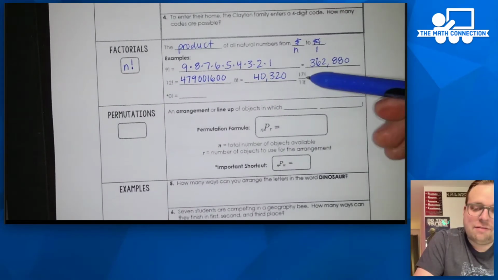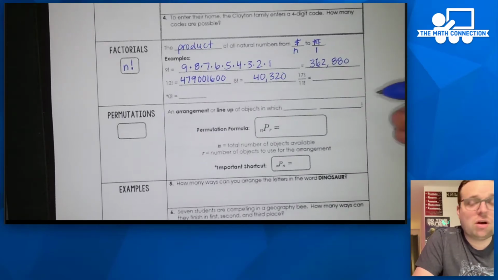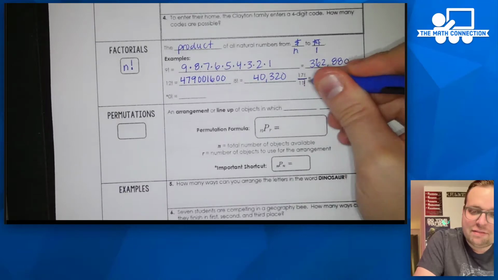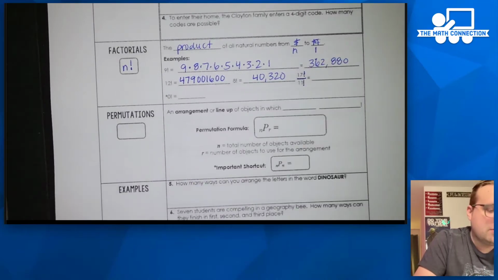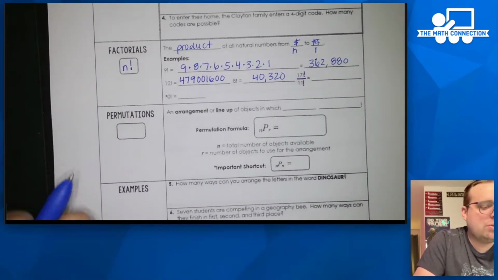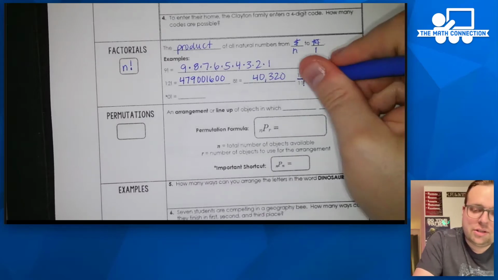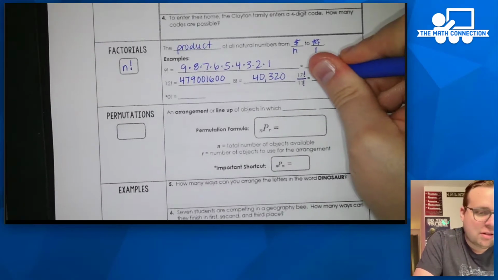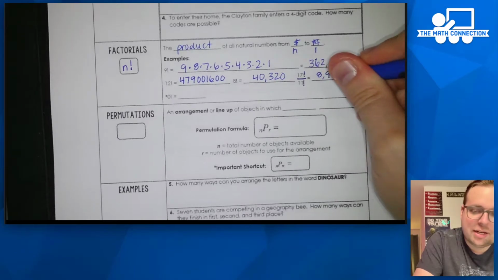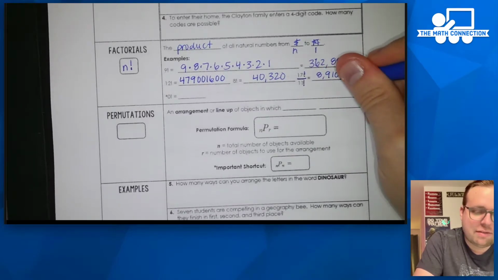Okay, this is a fraction. I'm not sure if maybe you're having a hard time reading this. This is 17 factorial divided by 11 factorial. So you would do 17 factorial on the top and then divide that by 11 factorial. And you get an answer of 8,910,720.